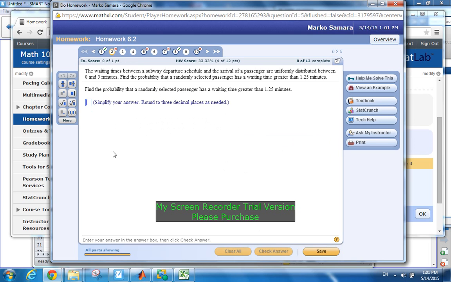Then let's do problem number 2. The waiting times between a subway departure schedule and the arrival of a passenger are uniformly distributed between 0 and 9 minutes. Find the probability that a randomly selected passenger has a waiting time greater than 1.25. So we have uniform distribution on 0, 9.